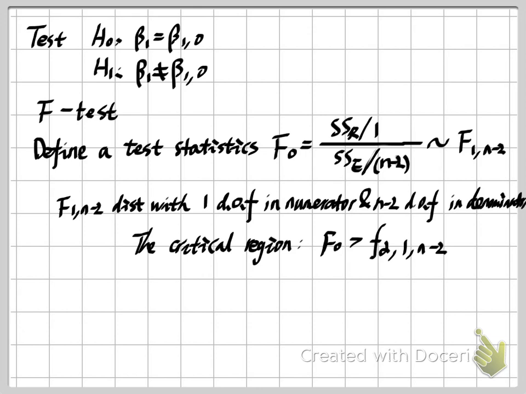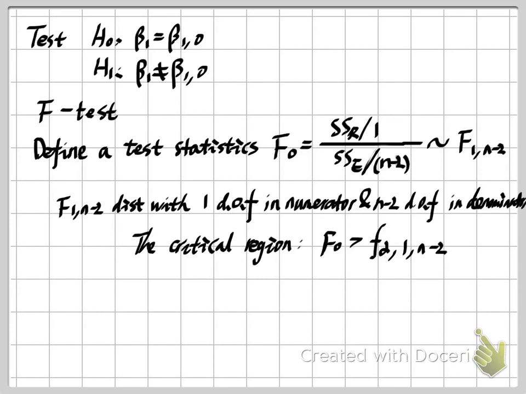In other words, if F0 is greater than F alpha, 1, n minus 2, we will reject H0. So this is about the ANOVA, or in other words, the F test.